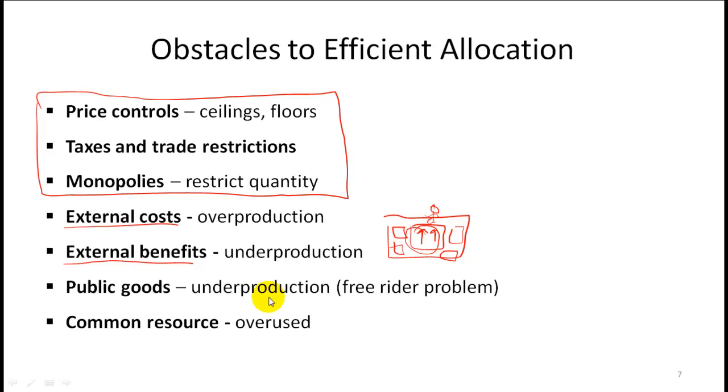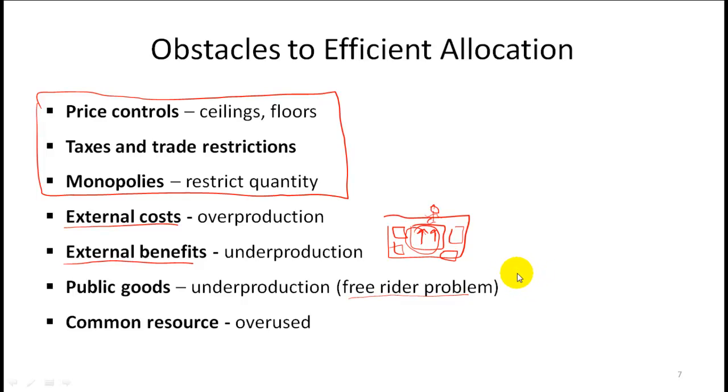What are public goods? Public goods are things like roads, highways, national defense, etc. Now you benefit from roads and highways regardless of whether you pay for them. So if we simply had a free market system, we might potentially have what's called the free rider problem, where you might say, I'm going to benefit from the roads and highways anyway because others will pay for them, so why should I pay for them?